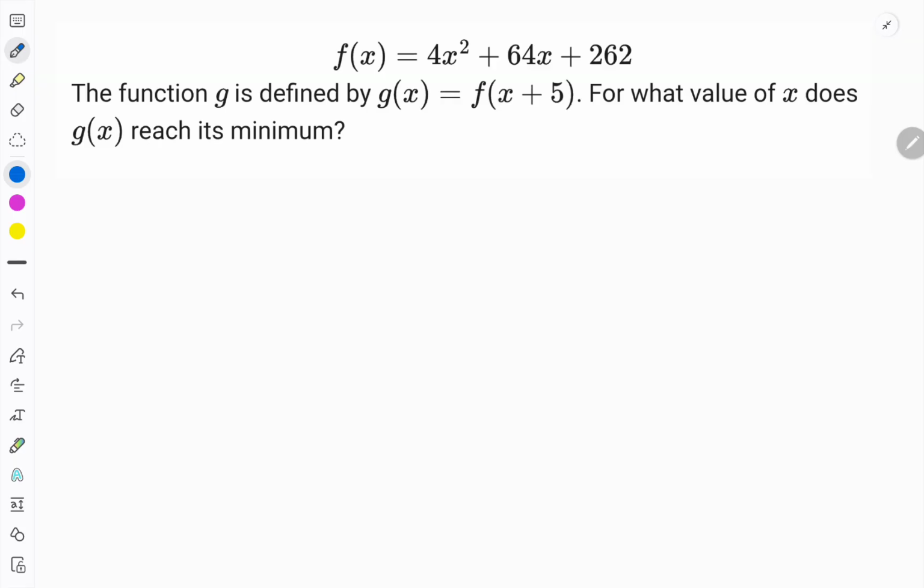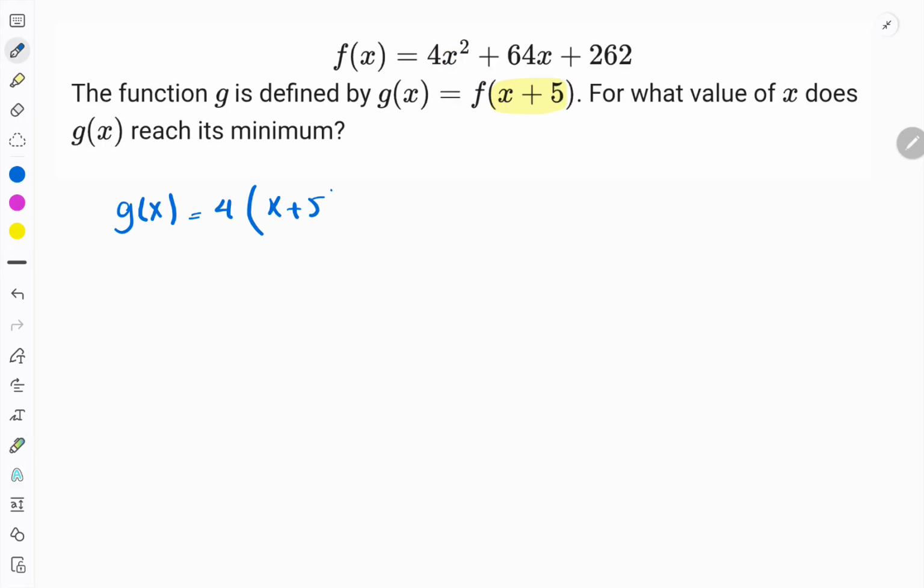Okay. So in order to find the function g of x, we need to substitute x plus 5 in the equation of f of x. So we have 4x squared. So instead of x, we're gonna substitute x plus 5.